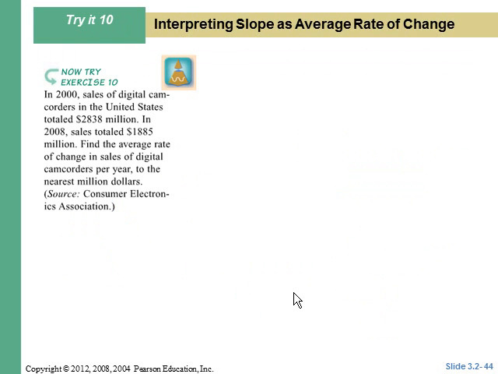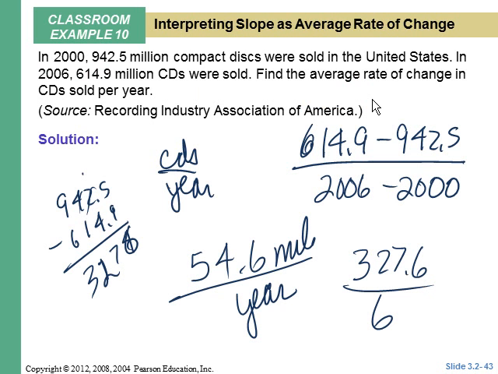Okay, so did I get the negative sign right here? This should be negative 327.6 over 6, because this is minus here. So it's negative 54.6 million per year.